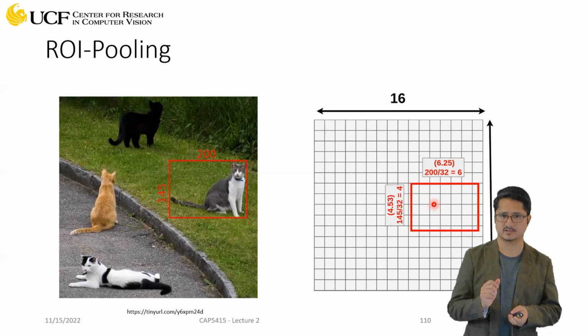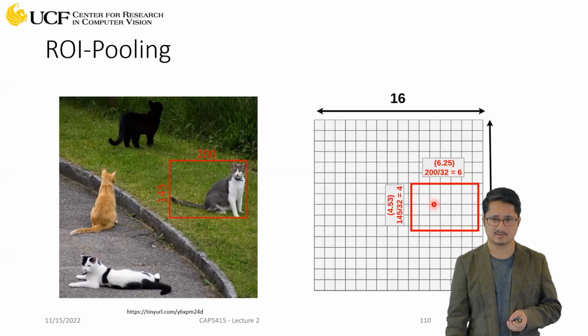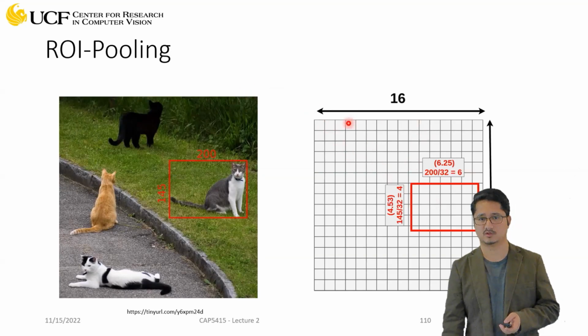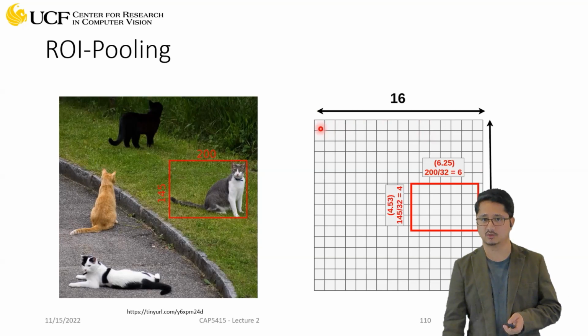Now, the tricky part is, since the resolution of your image has reduced a lot, each location in this grid corresponds to multiple pixels, right? And because of that, this bounding box will not perfectly align with this grid.